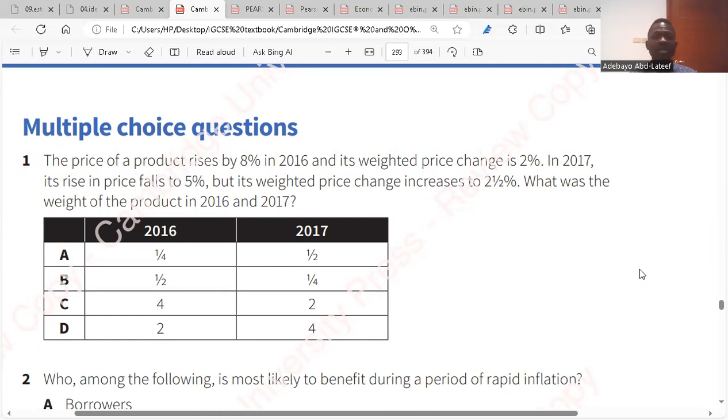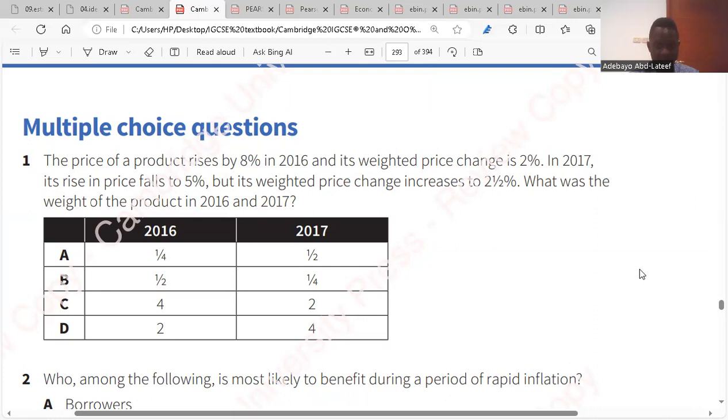So we have this 8, and the rest we have is 0.25 and 0.50, 2.5. Its weighted price changes from 8% to 2. That's 2 over 8, which is 1 over 4, and 2.5 over 5%.